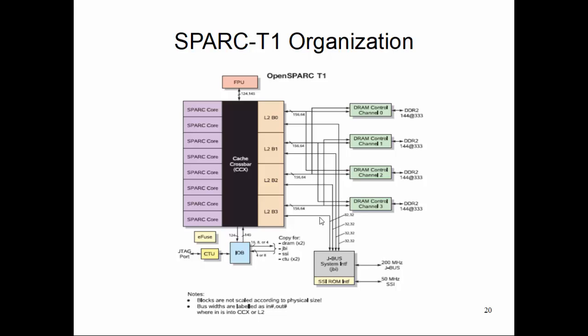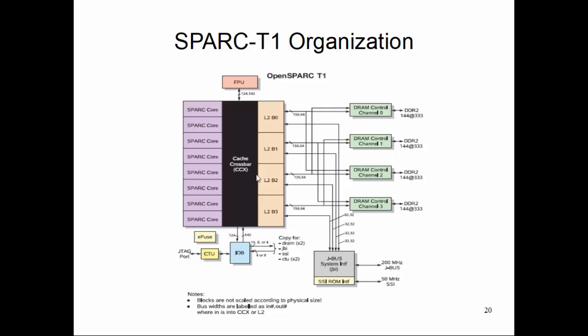All right. This is a multi-core system. In the system you are looking at, eight SPARC cores, L2 caches, DRAM controllers, etc., all of them are placed in one single chip. That's truly a system on chip.